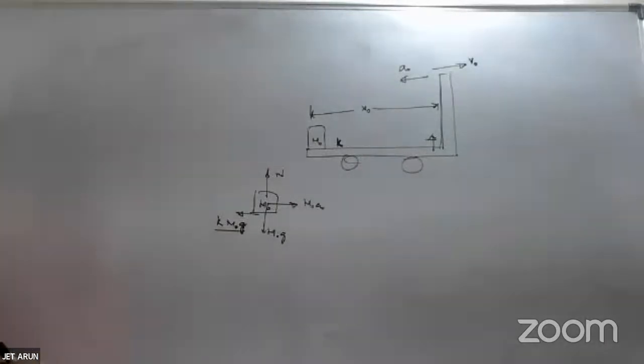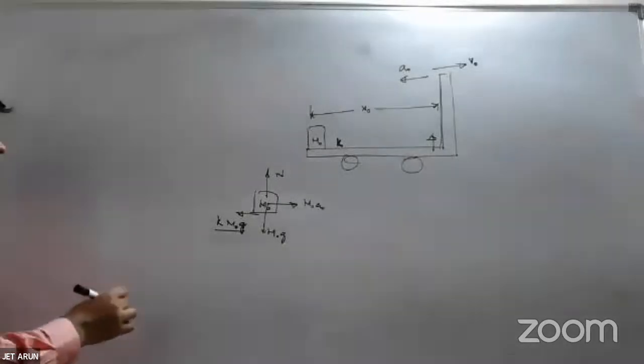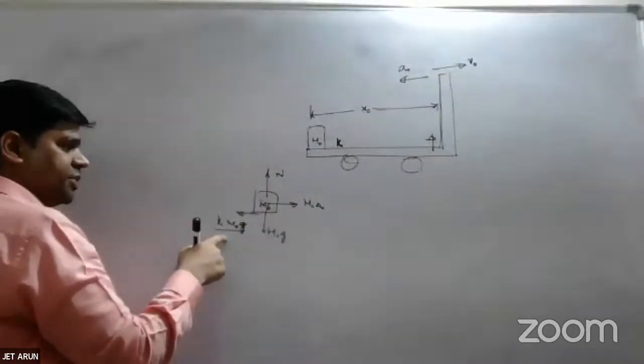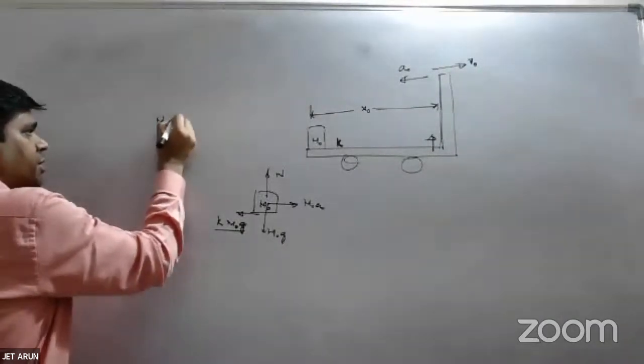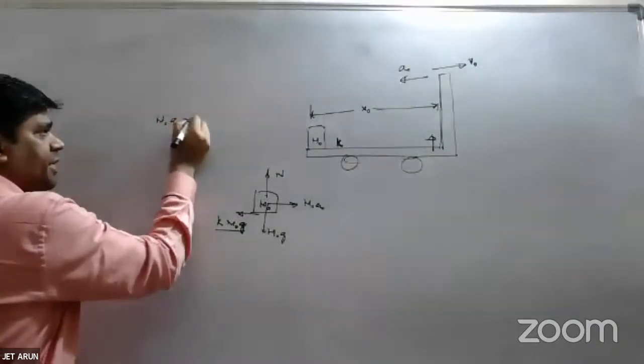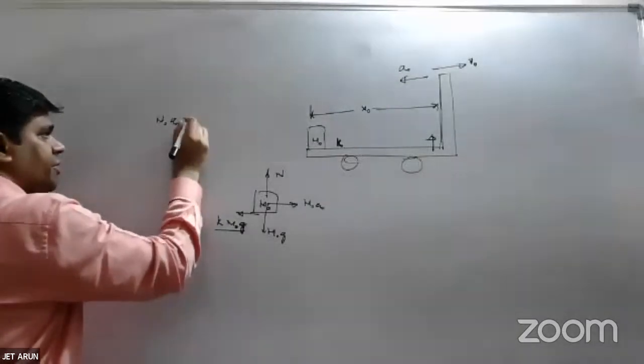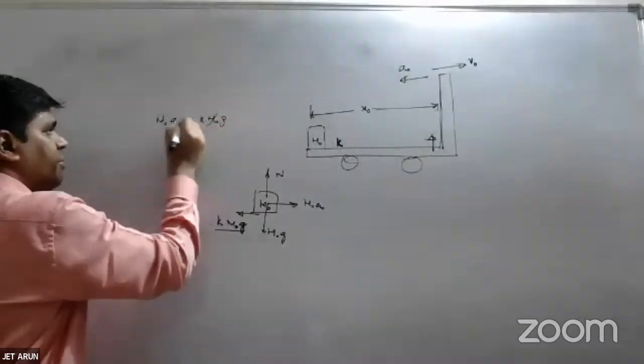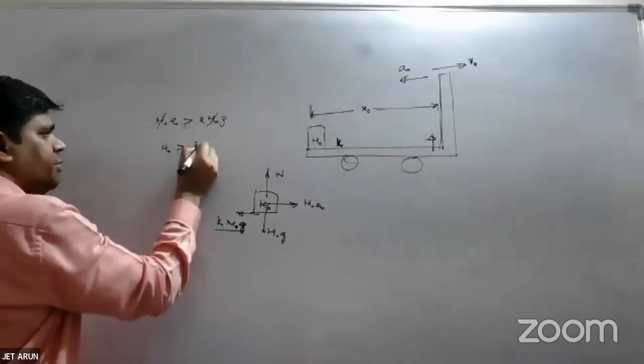Now, this block will start moving if m naught a naught, the pseudo force, beats this limiting friction. So m naught a naught is greater than mu m naught g. m naught gets cancelled out. So a naught is greater than mu g.